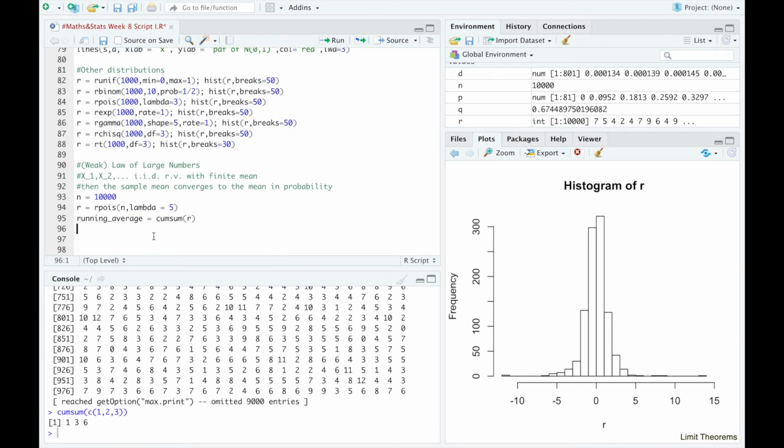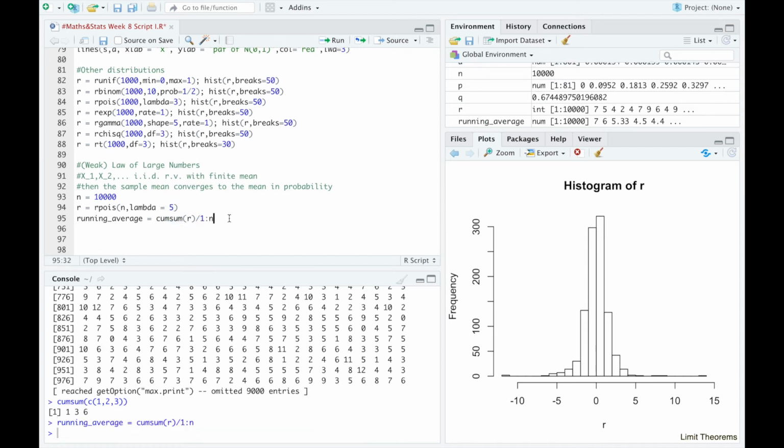So every time the last number is added to the previous ones: 1, 3, 6. So the cumulative sum of R will give us as an output a vector where, for example, the 10th entry is the sum of all the entries before. And then we divide each entry by its position in this vector. So for example, the 10th entry is divided by 10, and therefore we get the sample mean of the first 10 samples.